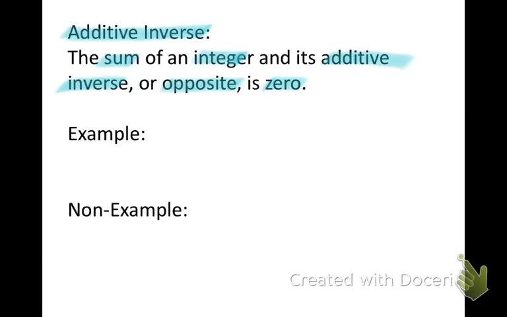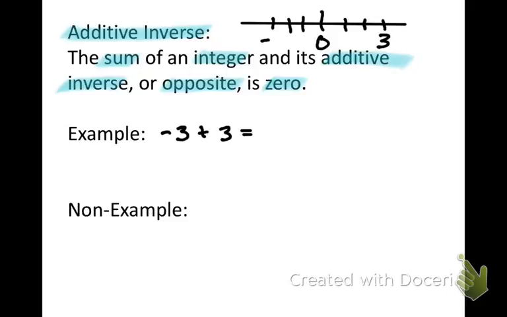On our example just a second ago, I had -3 and +3 are opposites. Well, let's double check that. So here's my number line. Here's my 0, here's my 3. There's my -3. Now I look at this and I go, okay, here's my -3 and here's my 3. But that's not what we do. What we do is we look at our first number and put it on the number line.